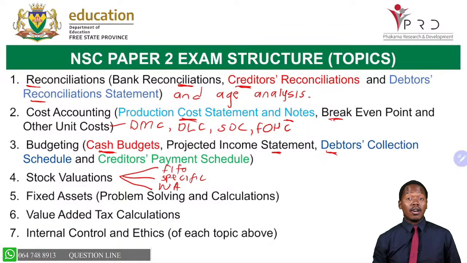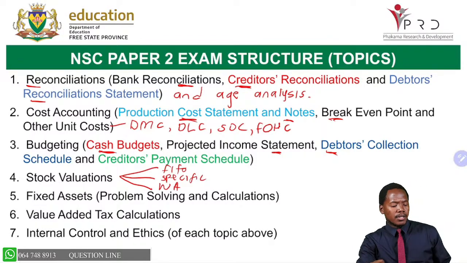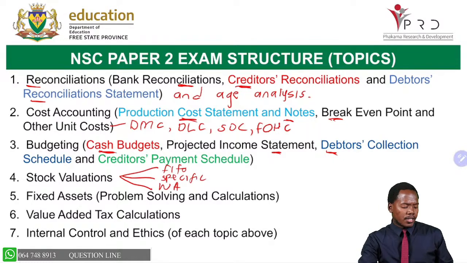Okay, so it is not covered in this lesson, but in the previous lesson, you can go and refer back where we were calculating closing stock using the 3 methods. We were calculating cost of sales, markup, so many calculation, problem solving. There were so many things that we were doing under stock valuations.